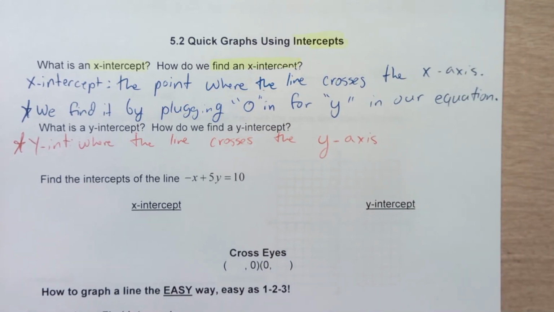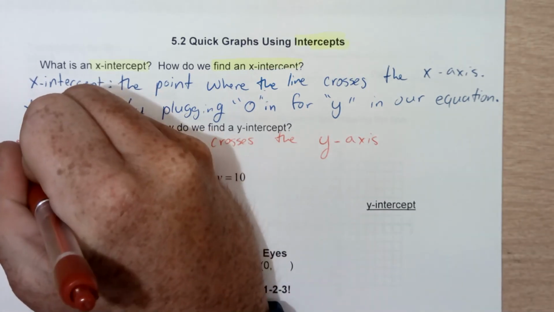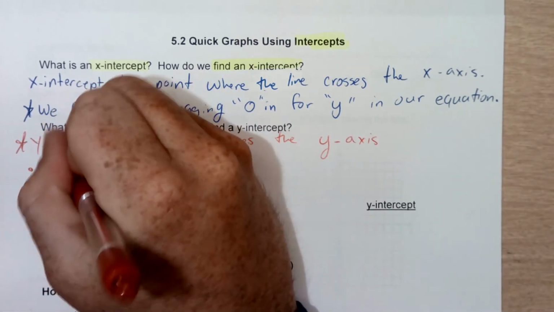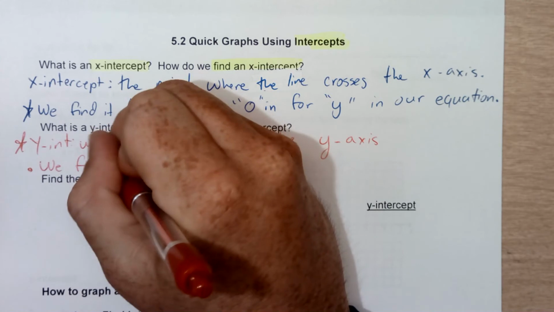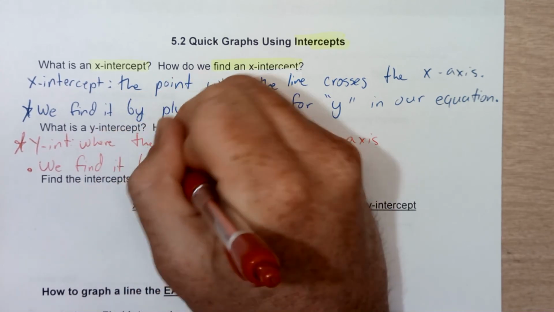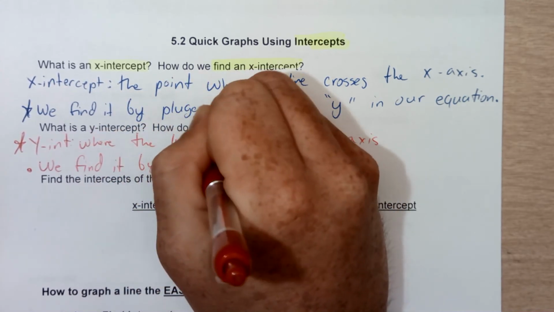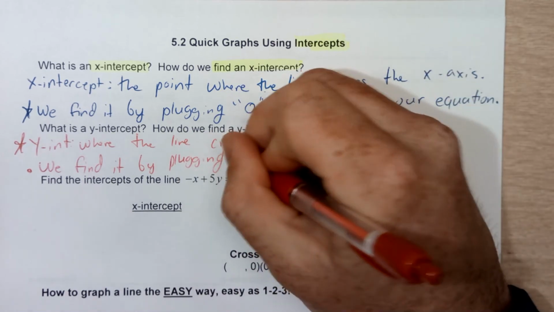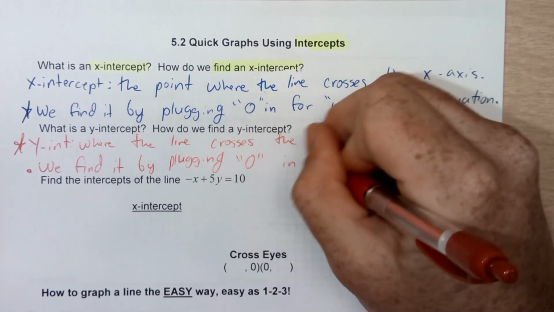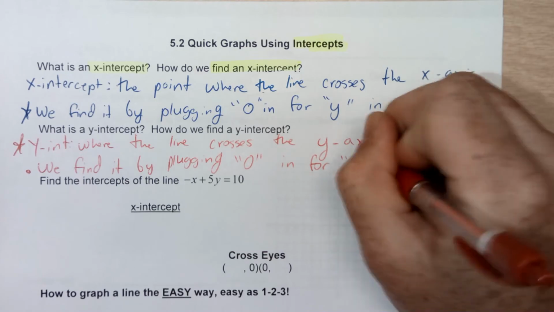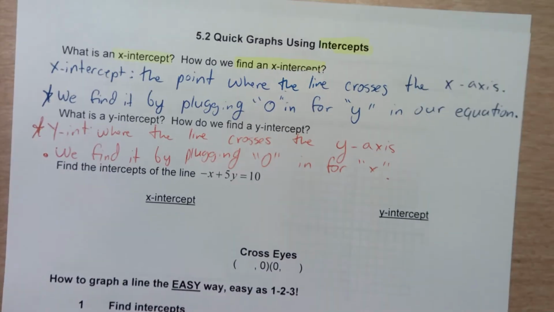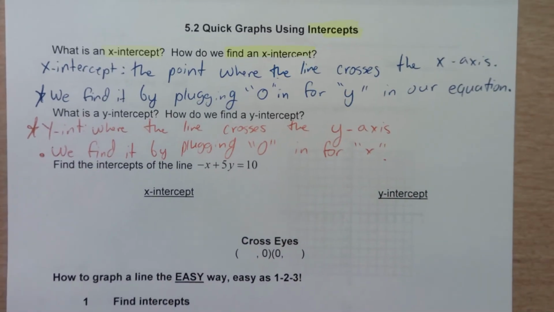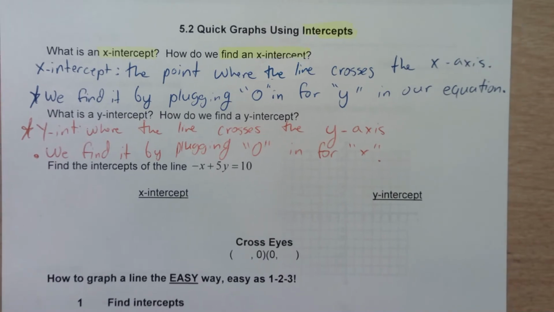Okay, you probably could have guessed that. And we'll make a bullet point down here. We find it by plugging 0 in for x. Okay, and that may seem just like a lot of words right now, but you guys will see what I mean when we start doing our examples starting right here.